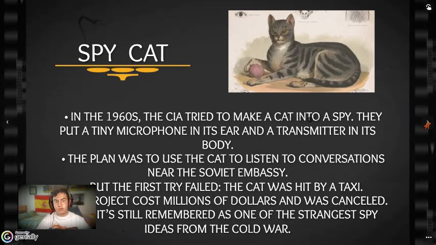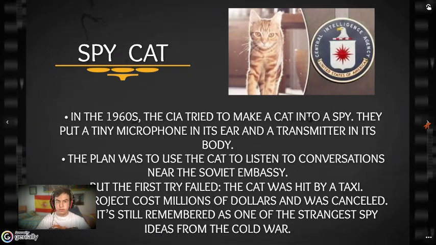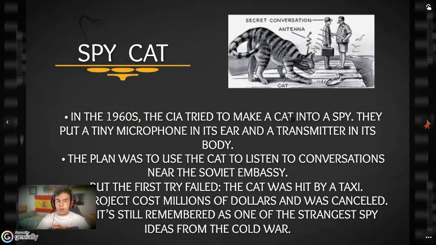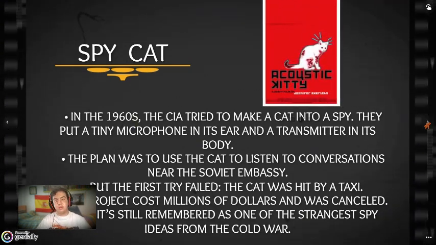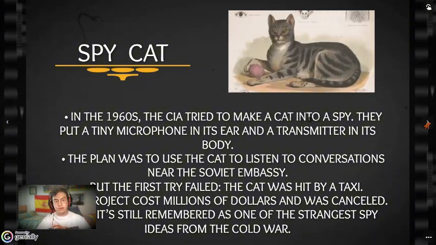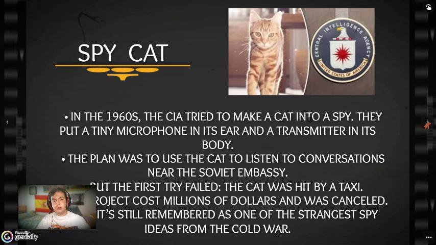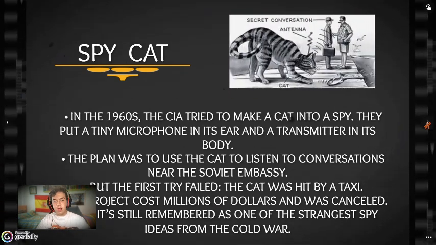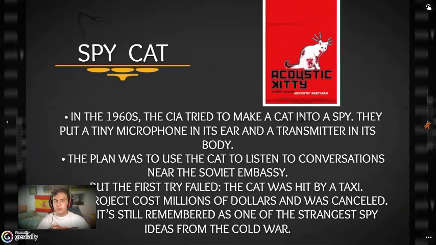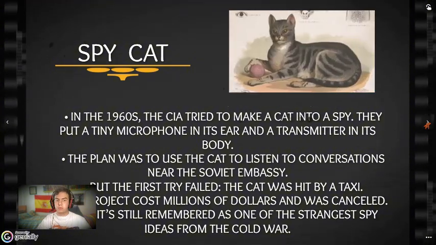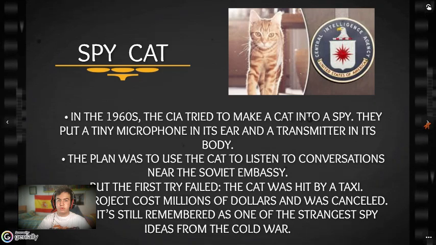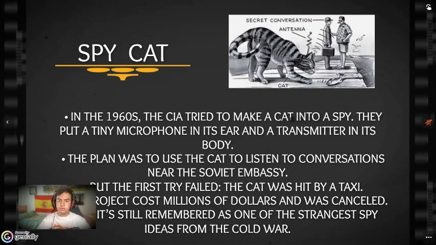For example, in 1967, the CIA made a cat into a spy: they put a tiny microphone and a transmitter in its body. The plan was to listen to conversations near the Soviet embassy, and the first spy cat was killed by a taxi, and the project cost $1 million before it was canceled. Today it is remembered as a strange idea of the Cold War.